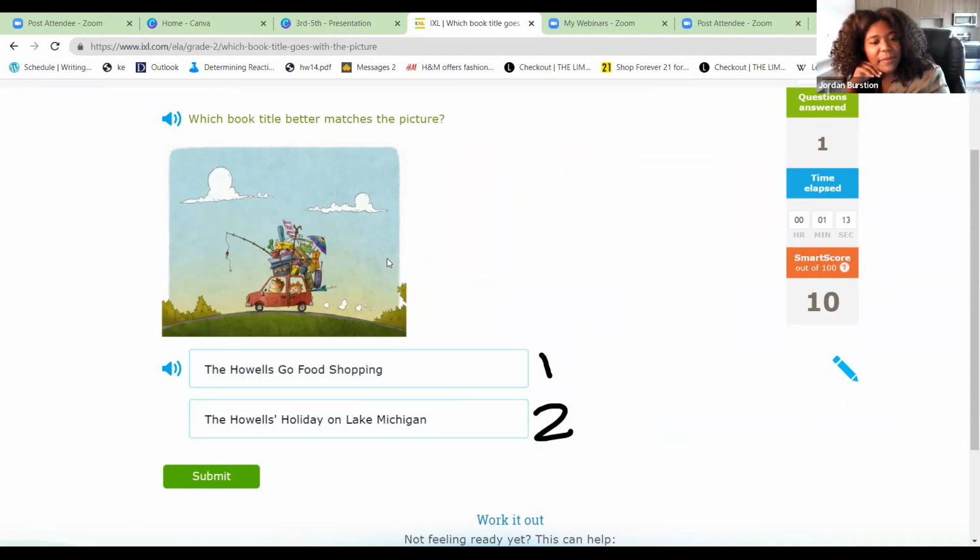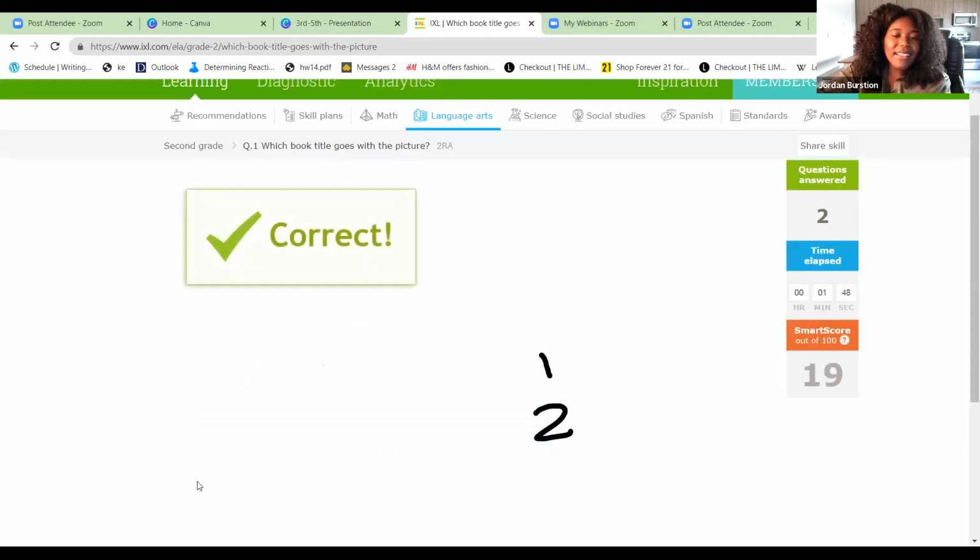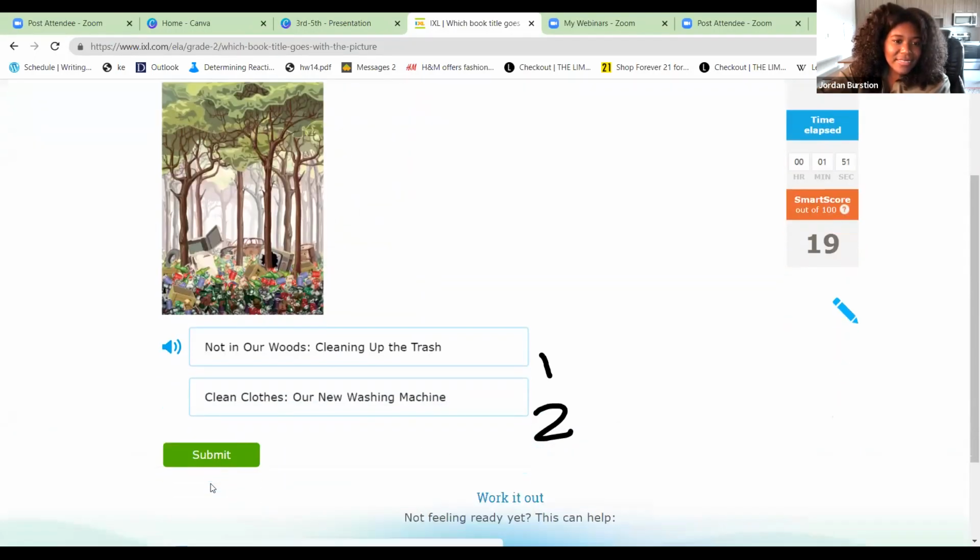What would the title be? The first one or the second one? The second one, yeah. They're going on a holiday to Lake Michigan.